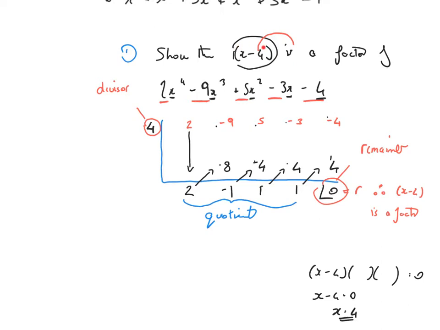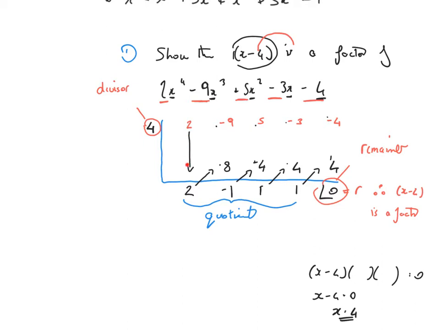Let's go over this process again. I'm going to show that x minus 4 is a factor. If x minus 4 is a factor, that means when you make the thing equal to 0, x minus 4 is equal to 0 and x is equal to 4. The number goes up as 4. We then put our coefficients of the polynomial down: 2, minus 9, 5, minus 3, minus 4.